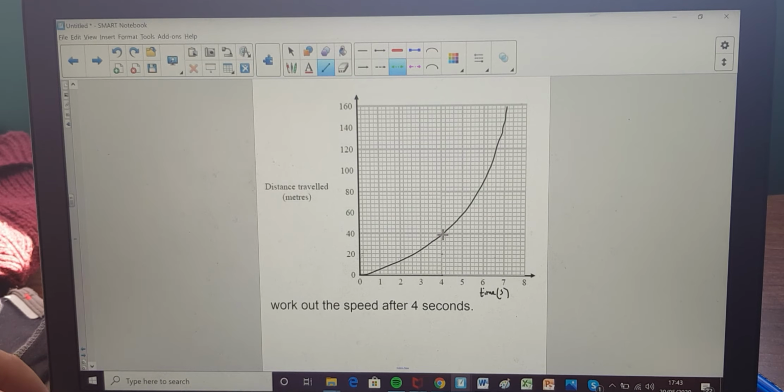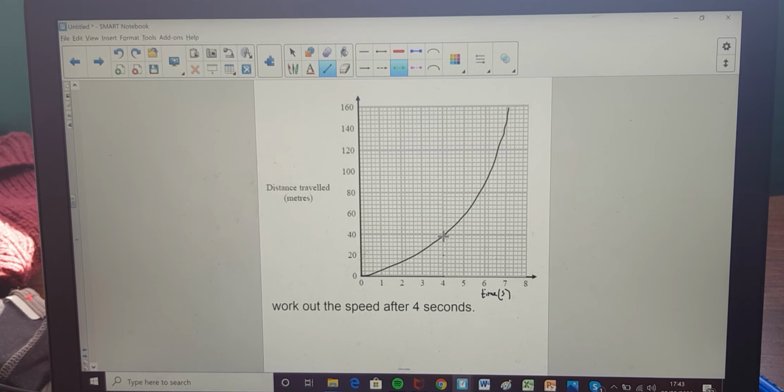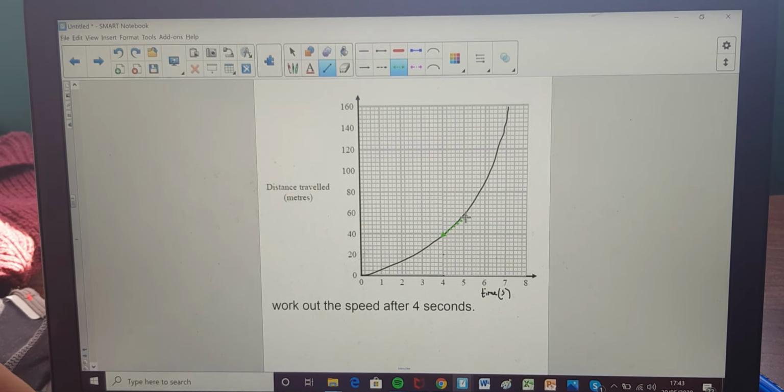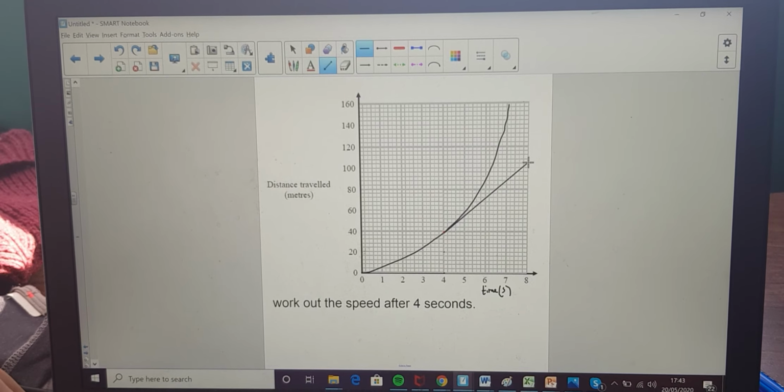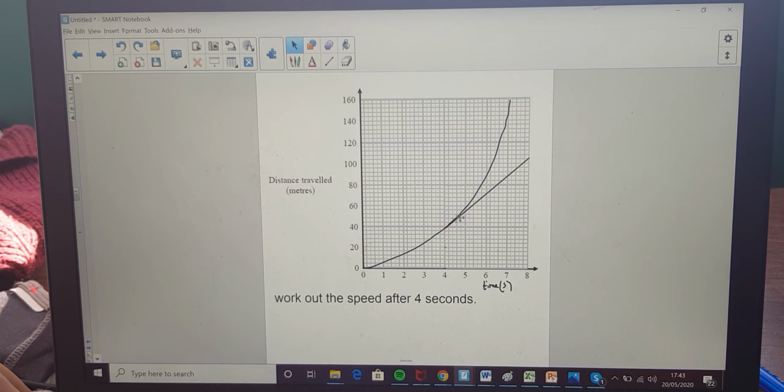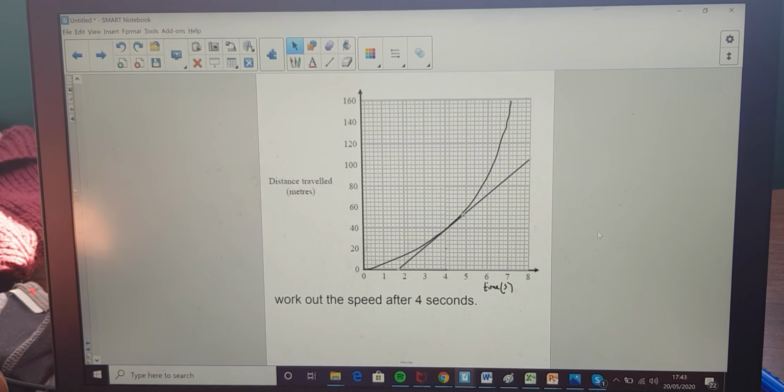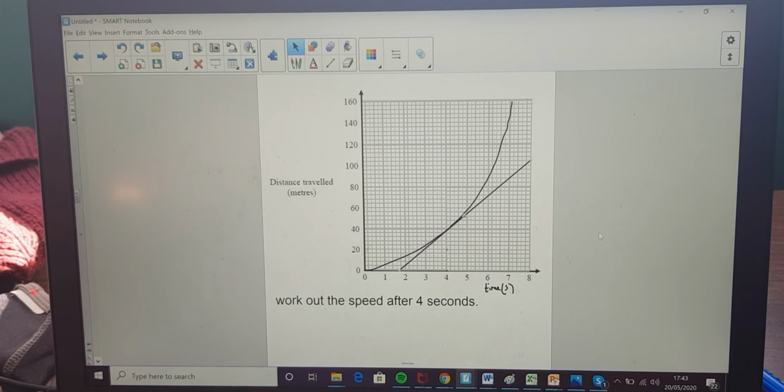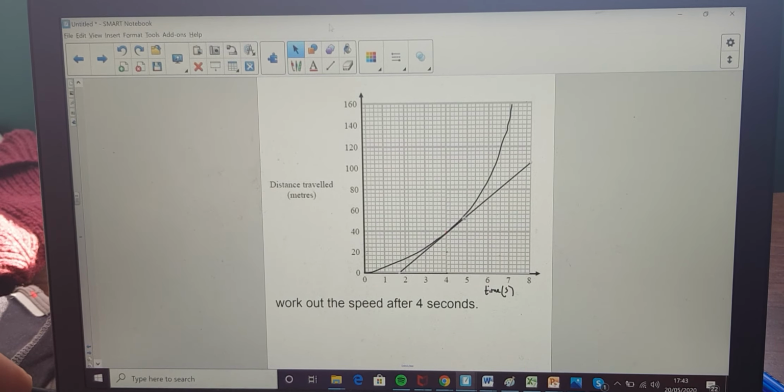So at this point, you can draw that point if you want. Then what I would do is extend out using a ruler. Draw a tangent from that point. A tangent is not an exact science. Yeah? It is an estimate, because different people are going to look at it slightly differently and draw tangents with slightly different gradients.